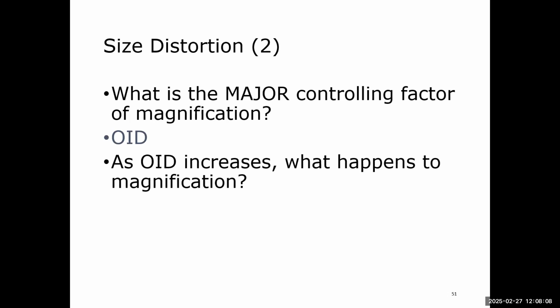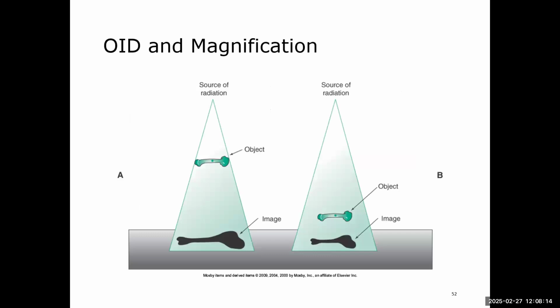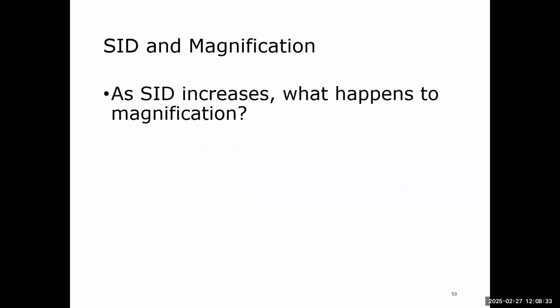The more OID you have, the more magnified that image is gonna be. And this is just pictures from your Faber book again, demonstrating the difference in the amount of object to image distance, how it changes the amount of magnification in the image. The closer the object is to the IR, the better, or the least magnification you're gonna have.